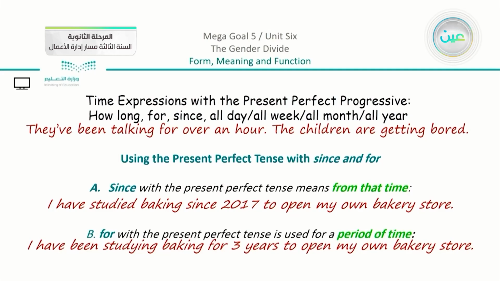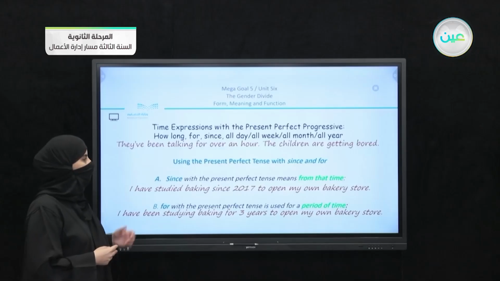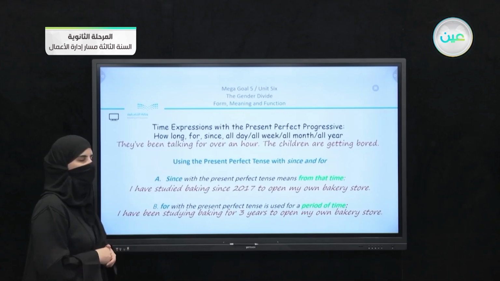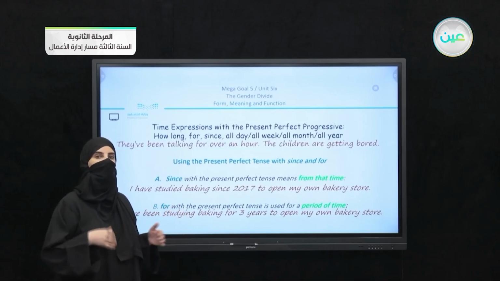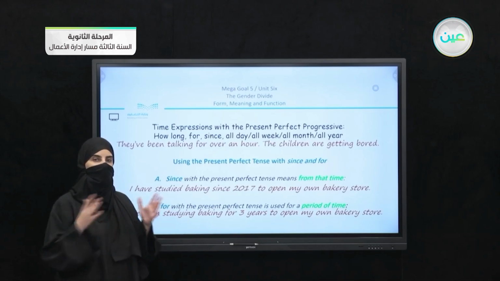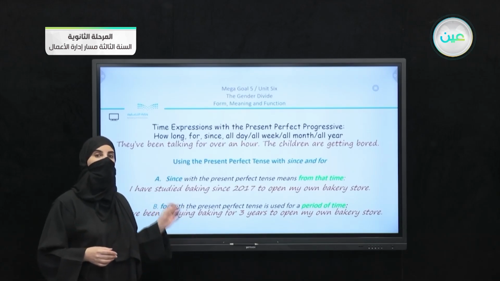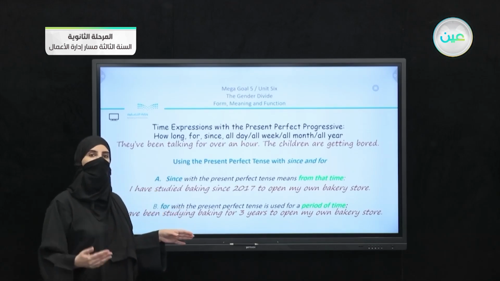On the other hand, "for" with the present perfect tense is used for a period of time, a number. I have been studying baking for 3 years to open my own bakery store. So you can see that we have the same example, but one time I used "since" with a point in time, and the other time I used "for" with a number, for 3 years.